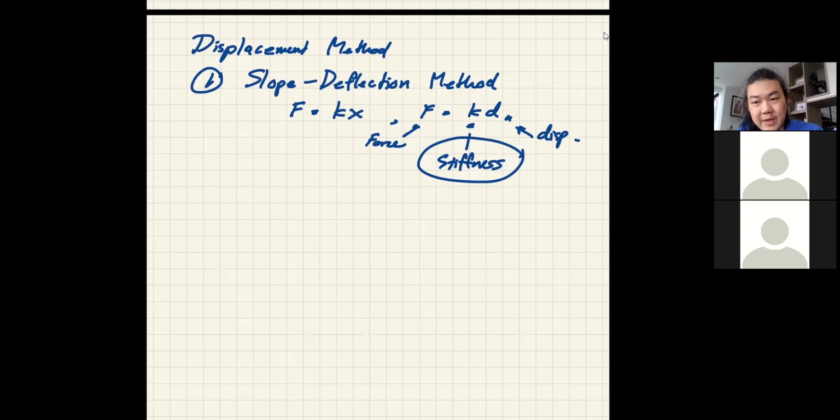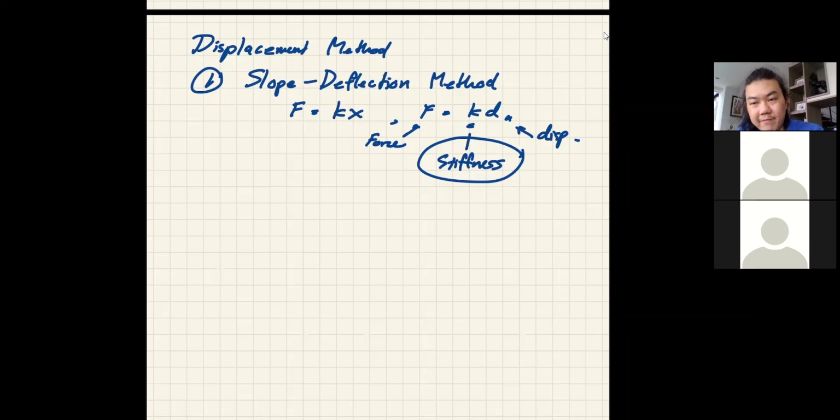But when the structure becomes indeterminate, as you can think of in the force method, you remove a redundant to calculate the displacement and use that relationship to solve for the extra unknown force, right?